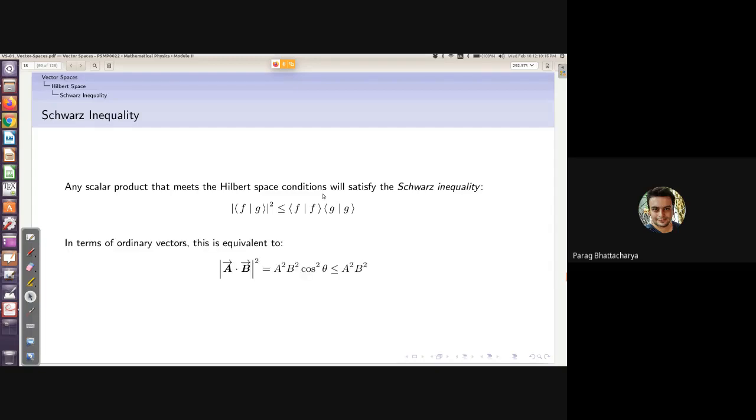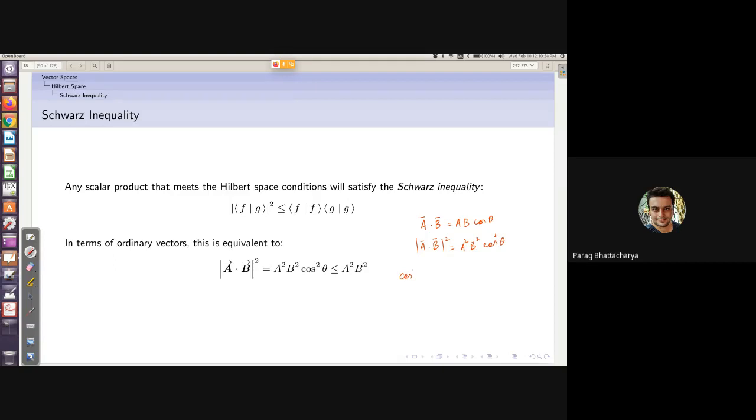In terms of ordinary vectors, I think you are familiar with this relation. If I say vector a and vector b, a dot b is ab cos theta, right? So if I take the modulus of a dot b squared, it will give us a squared b squared cos squared theta.